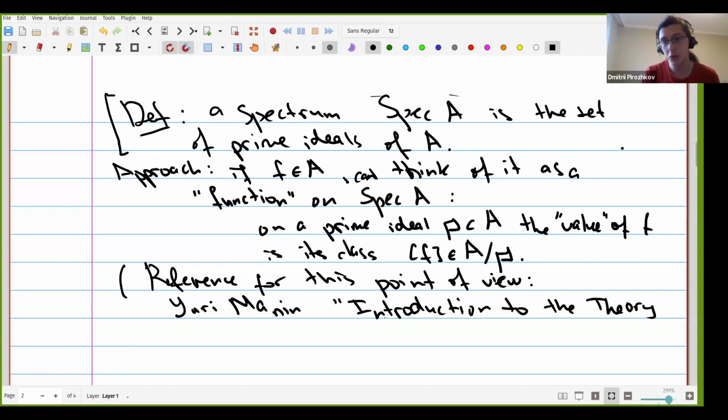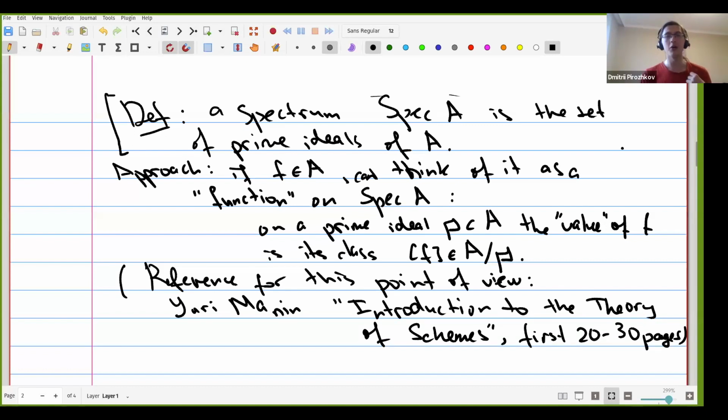It's a short book, and if you look at the first 20, maybe 30 pages, you will see how he introduces commutative algebra as a way to work with systems of polynomial equations, and how this leads to the definition of spectrum, to the idea that elements of the ring should be thought of as functions on the spectrum, and various properties of those things.